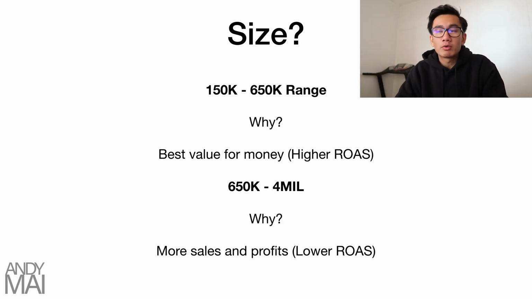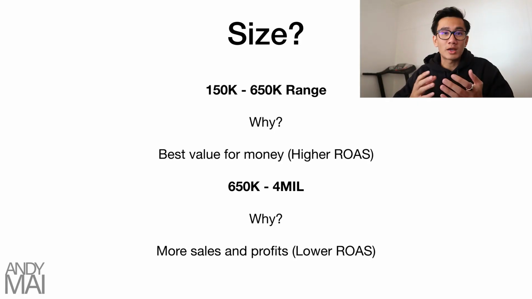So I'm going to give you an example now. Let's just say you spent $50 on a 150k to 650k influencer. You might get $300 in sales. So your ROAS there's roughly 6x, and that leaves you at netting $250 excluding cost of goods. So you made $250 off that one post.